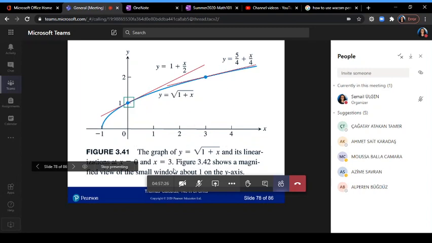So in this case, we are interested in linearizations at x equal to 0 here, and linearization at x equal to 3, okay?